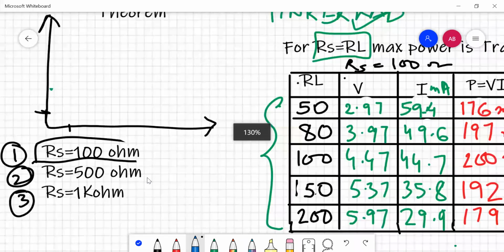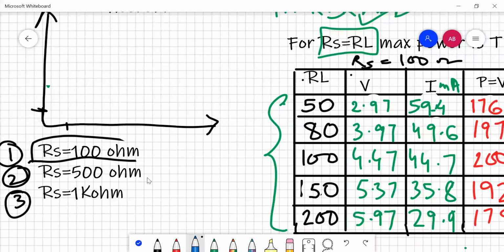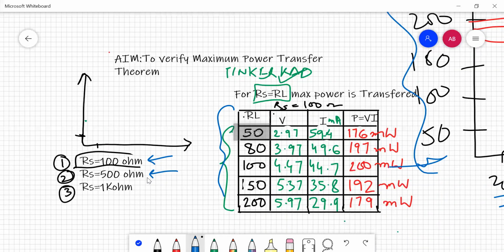Now we come back to this experiment. As I did for your 100 ohms, you are going to repeat the same observation table when RS value is 500. For 500 ohms, you are going to take the value of RL from 300.